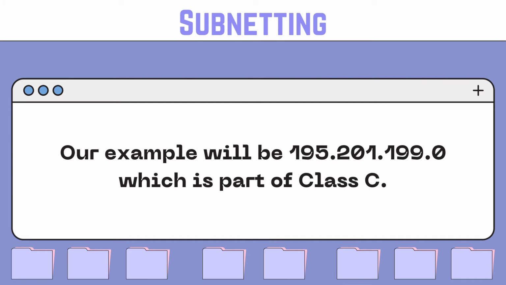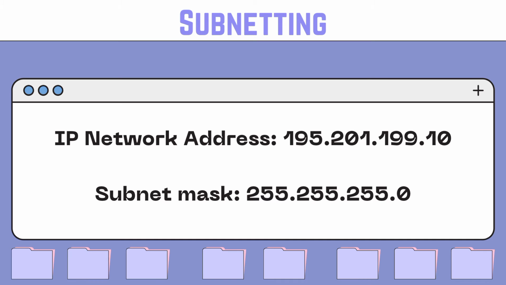Our example for this will be this. IP network address is 195.201.199.10. Subnet mask is 255.255.255.0.